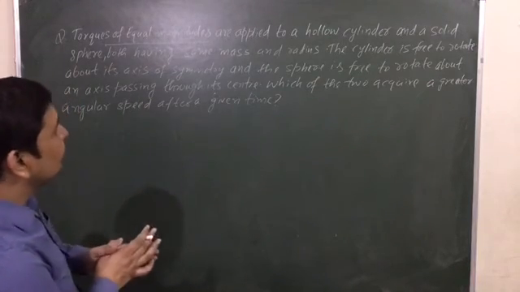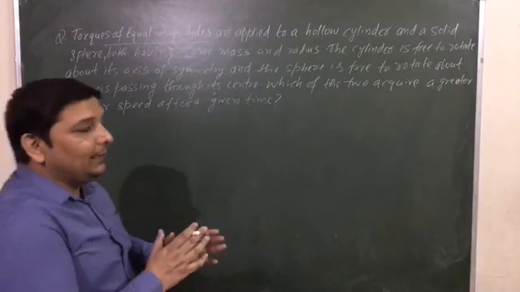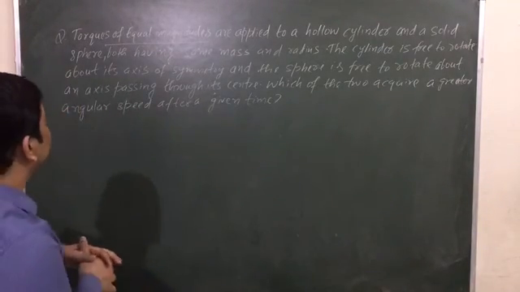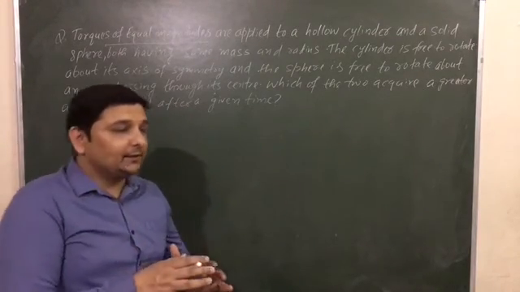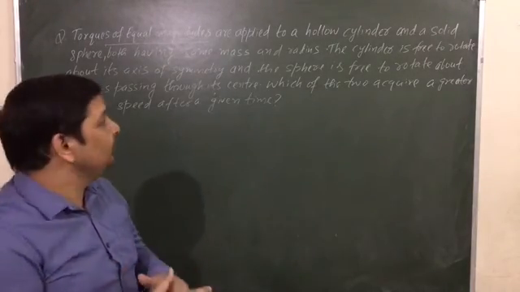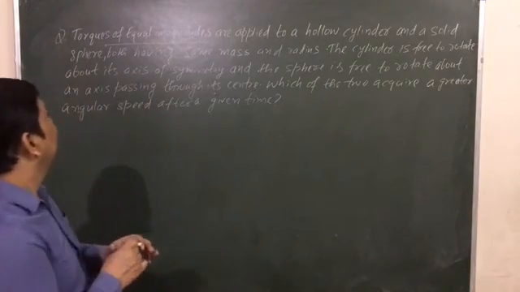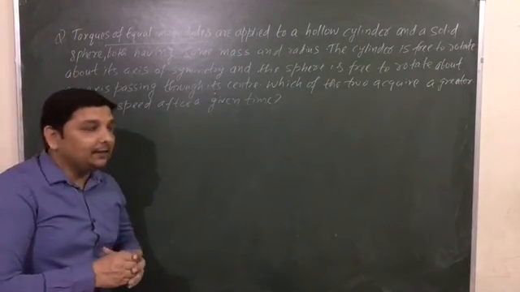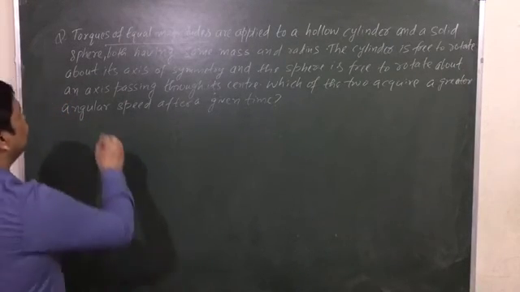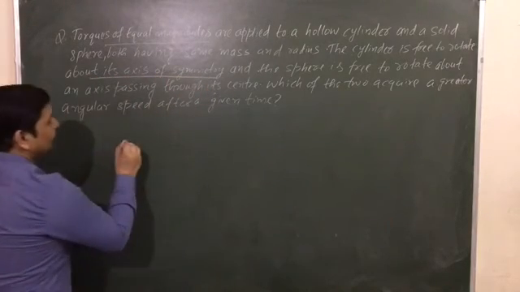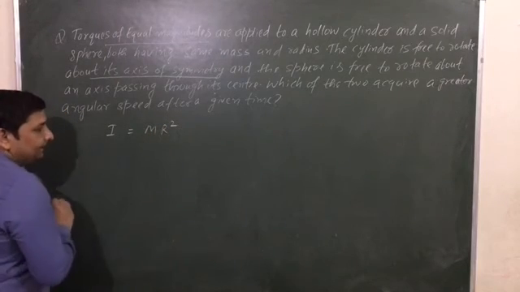In this case, the same torque is applied to the hollow cylinder and the solid sphere, both having the same mass and the same radius. If the cylinder is free to rotate about its axis of symmetry, then the moment of inertia of the cylinder is given by mr square.